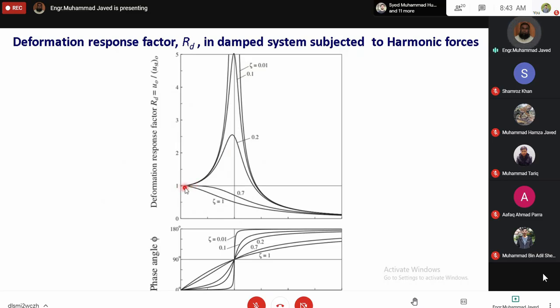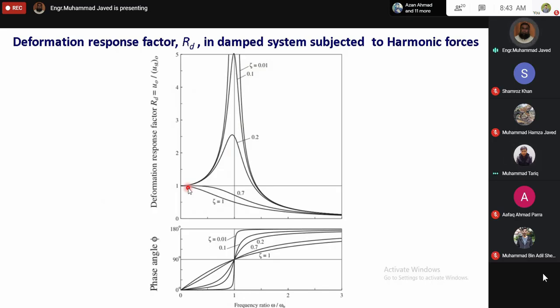What will be the value of deformation response factor for different damped system if the frequency ratio is not too high, say less than 0.2? Sir, 1.